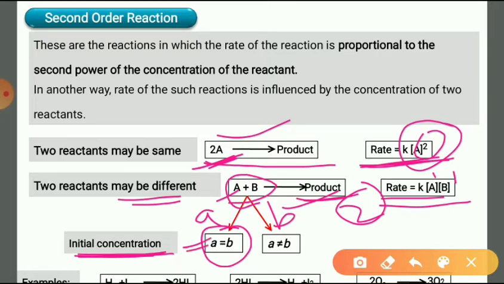In another case, the initial concentrations may not be the same, so a is not equal to b. These are the two different cases. In this lecture, for second order reactions, we are going to see only the case where the initial concentrations are equal.